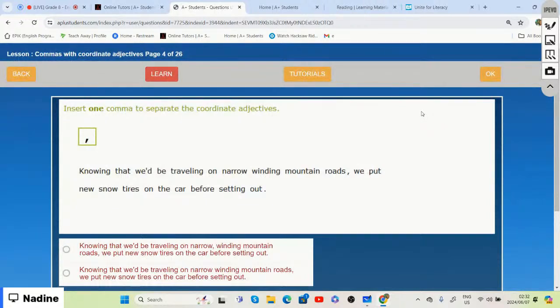Knowing that we'd be traveling on narrow, winding mountain roads, we put new snow tires on the car before setting out.